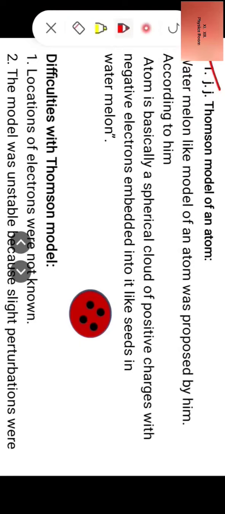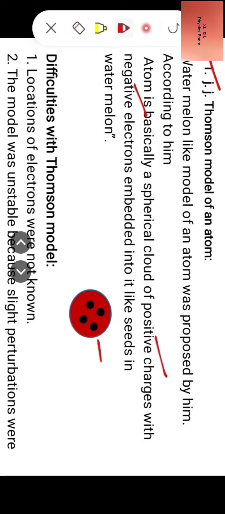Watermelon-like model of an atom was proposed by him. According to him, atom is basically a spherical cloud of positive charges with negative electrons embedded into it like seeds in watermelon.